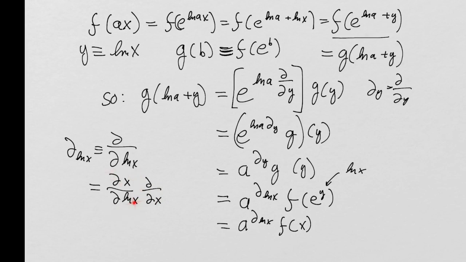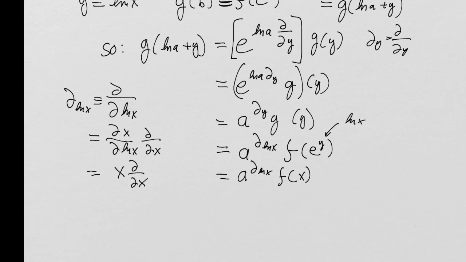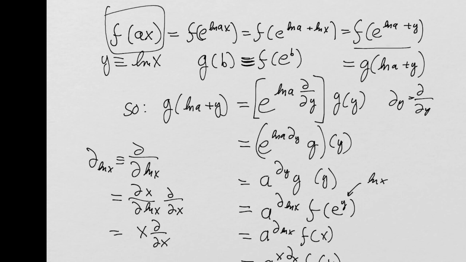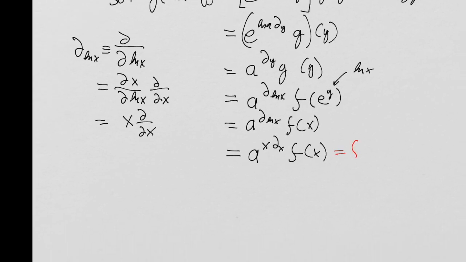And this is just the reciprocal of the derivative of ln x, which is 1 over x. So this becomes x d by dx. Phew. So this guy here ends up equaling a to the x partial x of f of x. And the whole point was that it equaled this guy up here. I'll do it in red so you can see that I'm moving my pen. So that has to equal f of a x.